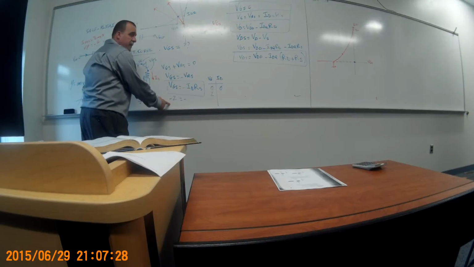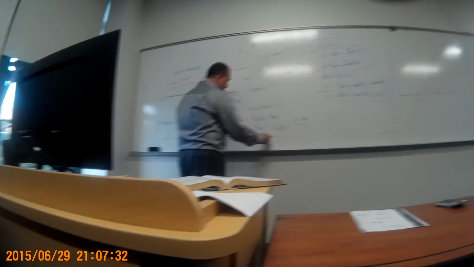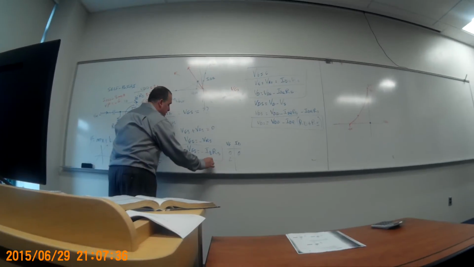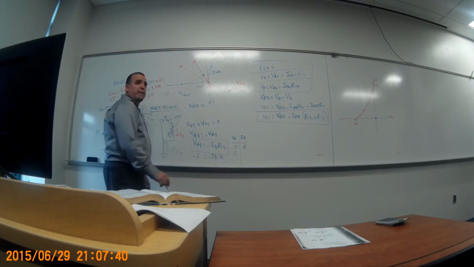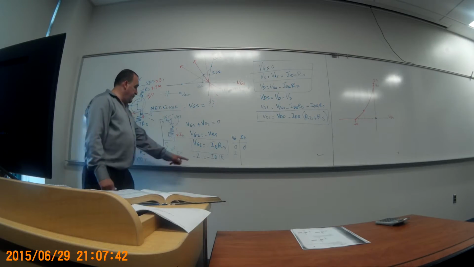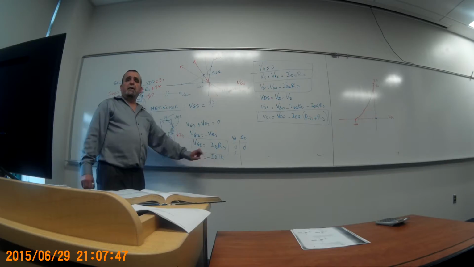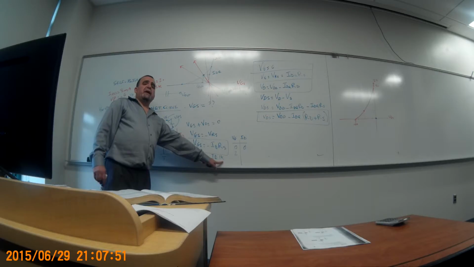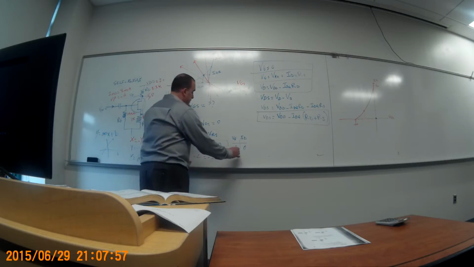Follow me? So then I could say ID equals what? Minus ID RS, RS is 1K. So therefore ID equals what? 2 over 1, this is volt over K, so that gives you milli, right? So that gives you what? 2 milliamp.